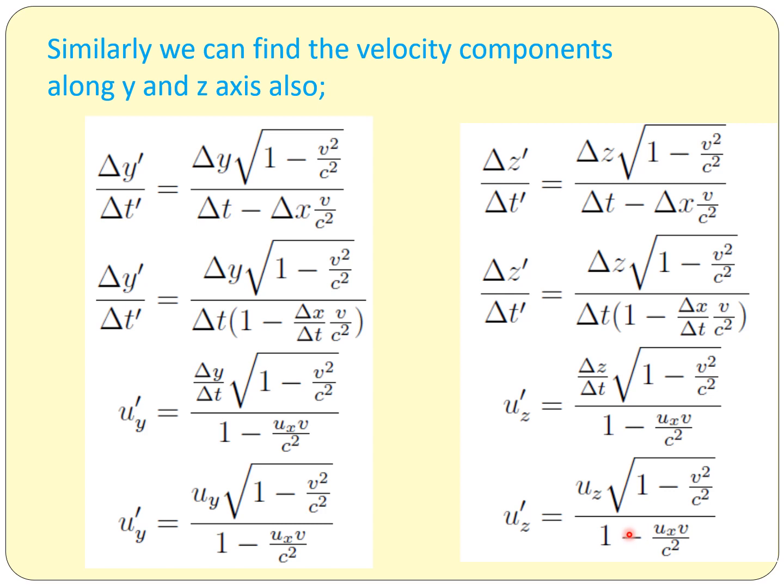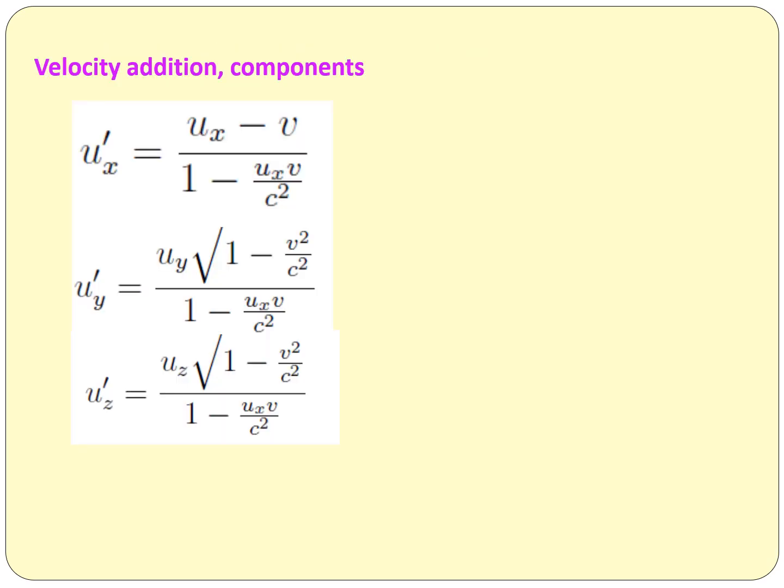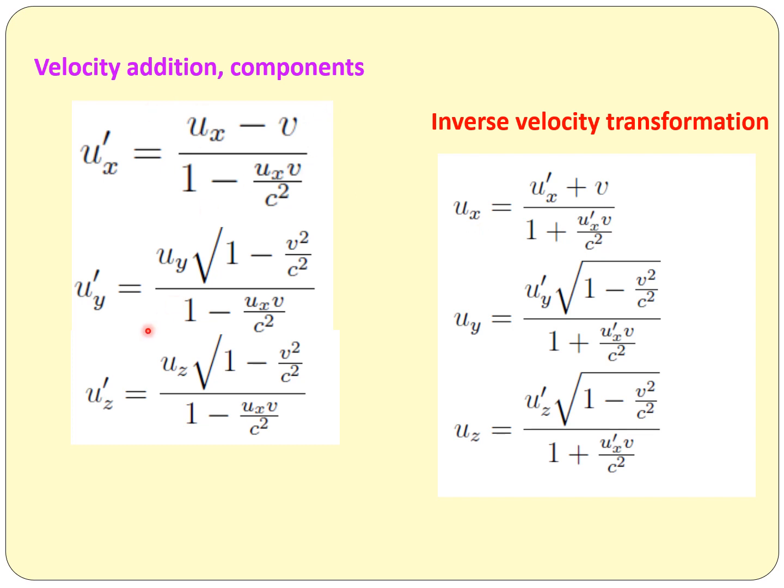So this was how we can transform the velocities of one frame of reference to another frame of reference for the relativistic case. And for the acceleration transformation, this is just a summary: ux prime is ux minus b, denominator 1 minus ux b by c square.